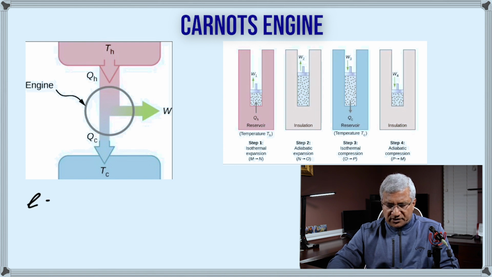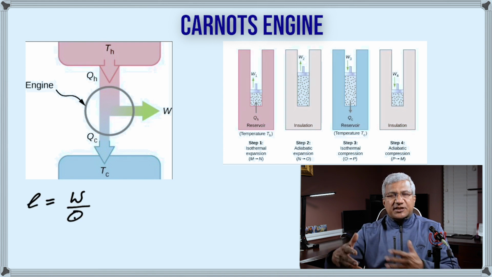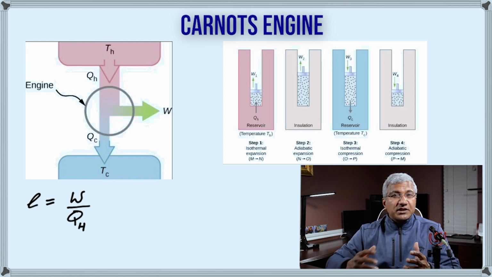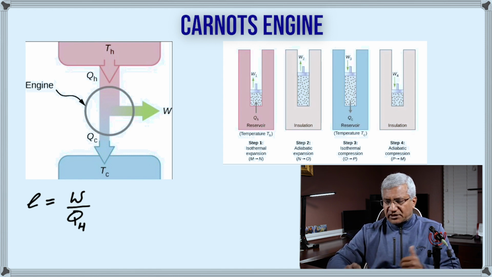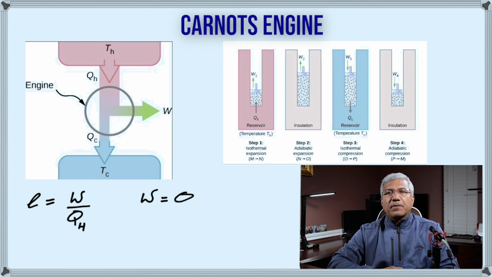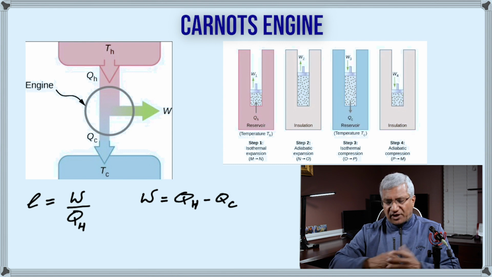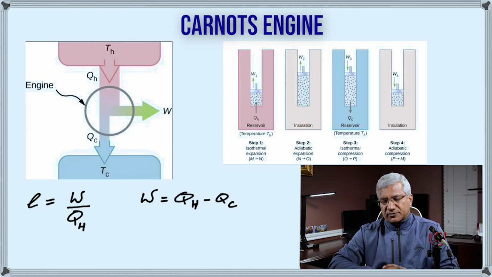Let's get to that first, and then I'll explain the processes. So that's the definition of efficiency, work over QH. But since work is QH minus QC, efficiency can also be written as QH minus QC divided by QH, of course.